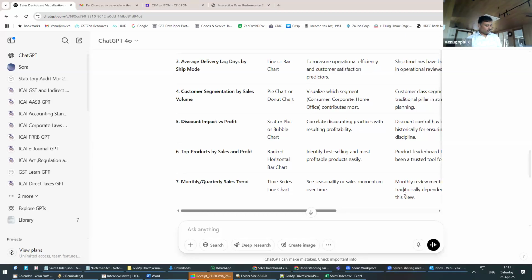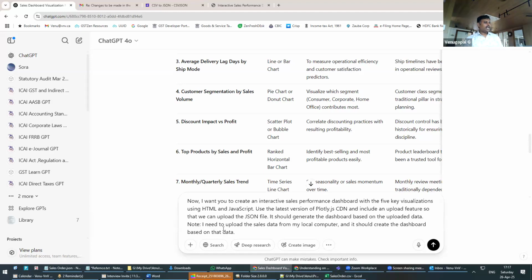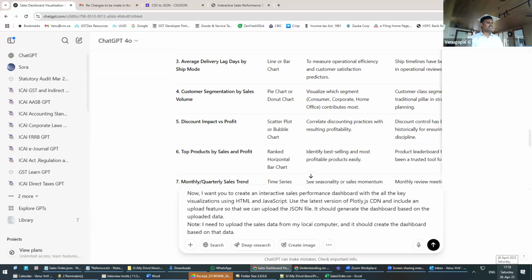Now I want people to use the next prompt which I am giving here: I want to create an interactive sales performance dashboard with, okay, remove this word 5, with all the key visualizations.